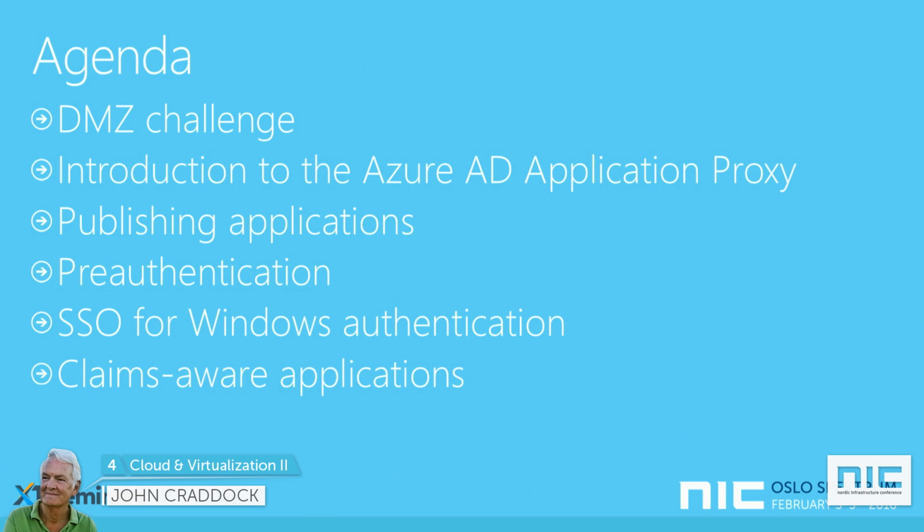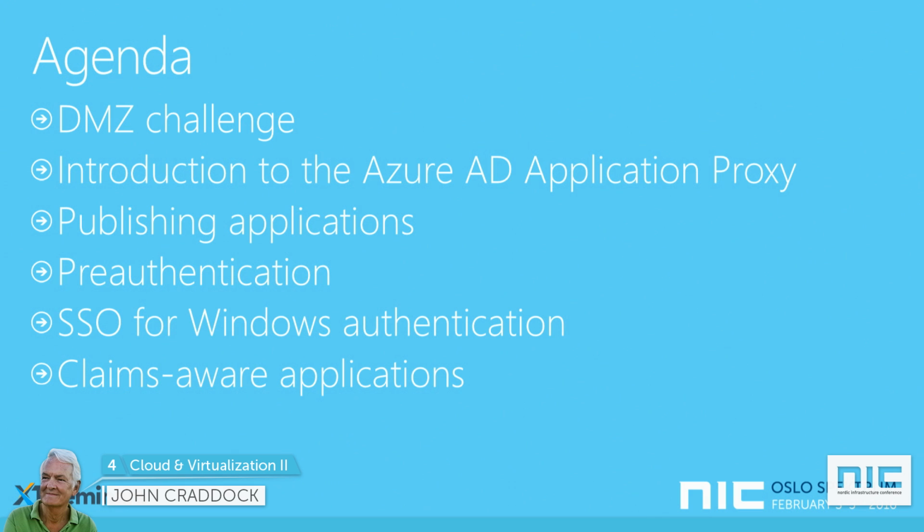Okay, so I want to look at what we're faced with, challenges with the DMZ. And then I'm going to introduce the proxy itself, and then go through publishing applications using pre-authentication, however that works and what it is. And then we'll look at actually single sign-on and how we achieve single sign-on. And we're looking at how we achieve single sign-on with a Windows auth application on premises. And then we'll look at how we achieve single sign-on with a claims application as well.